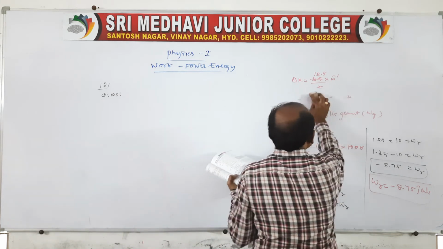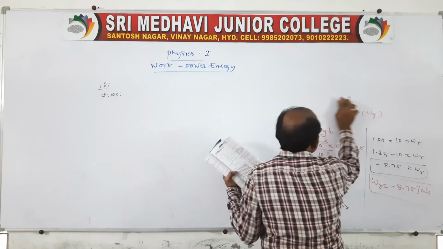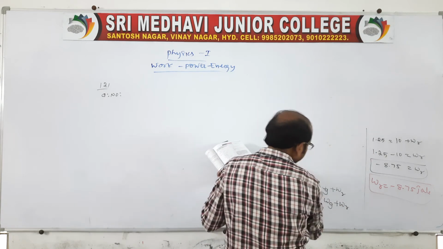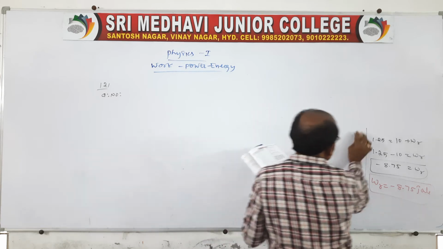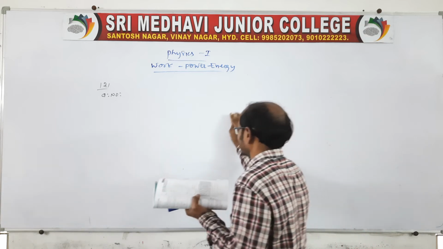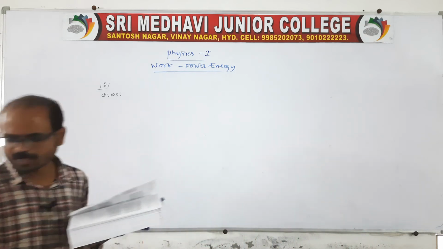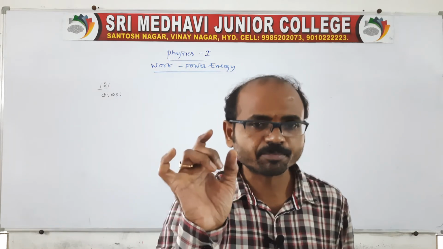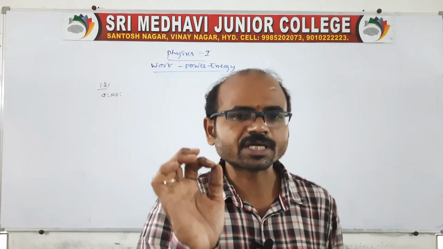Idea means which formula we should use there. That is very, very important in physics. If you know the formula, then we can do it, otherwise we cannot. So the approach is based only on the given data, not on the formulas. We should do the problem according to the given data only.